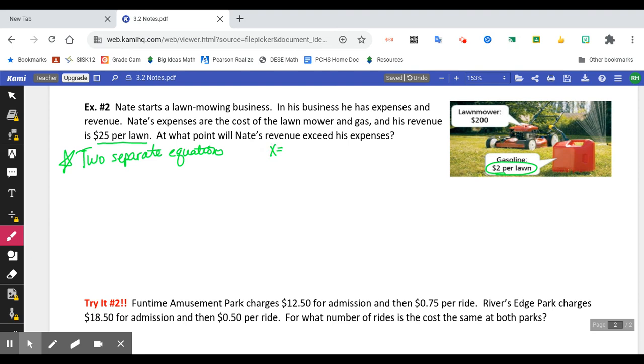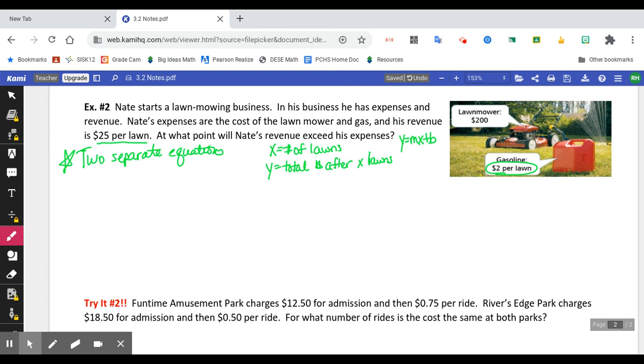So x is going to be our number of lawns, right? And then y would be the total amount of money he has or has earned after x number of lawns, because that's going to be your y equals mx plus b, right?